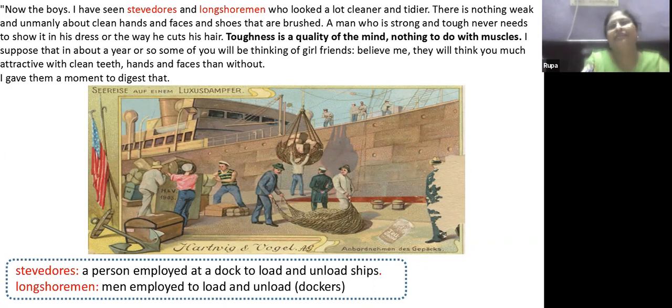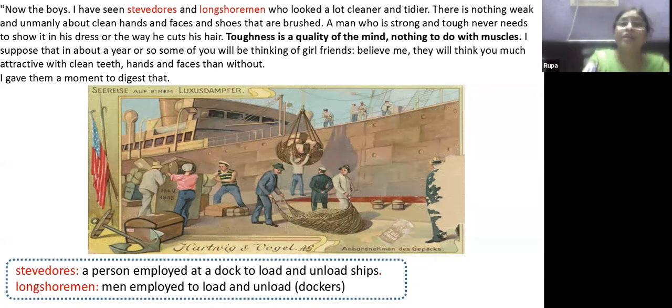Now he's telling, "There is nothing weak and unmanly about clean hands and faces and shoes that were brushed." So there's nothing weak, miss, and unmanly about having clean hands, faces, and shoes that were polished and nicely shining and brushed. And he's telling, "A man who is strong and tough never needs to show it in his dressing or the way he cuts his hair."